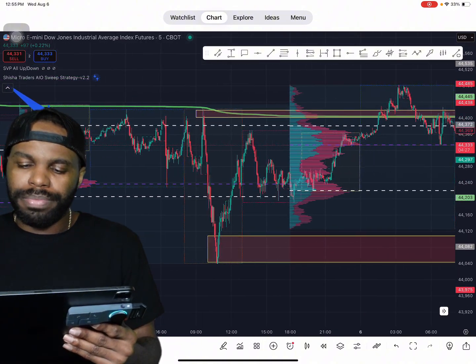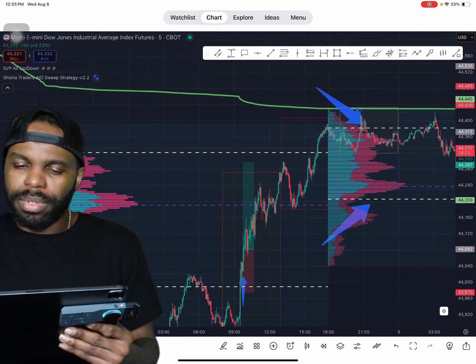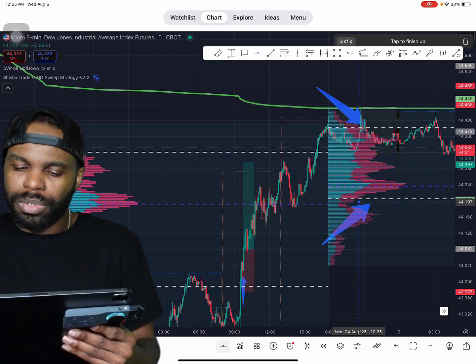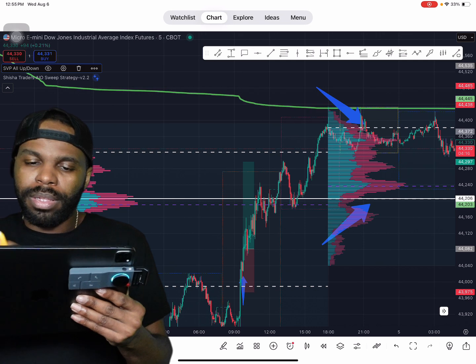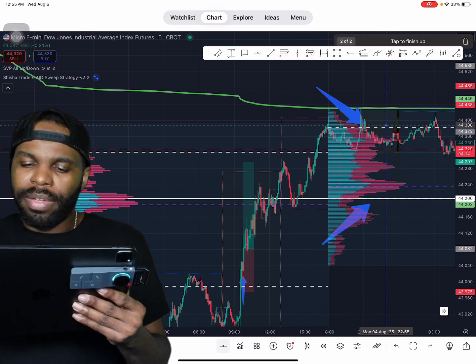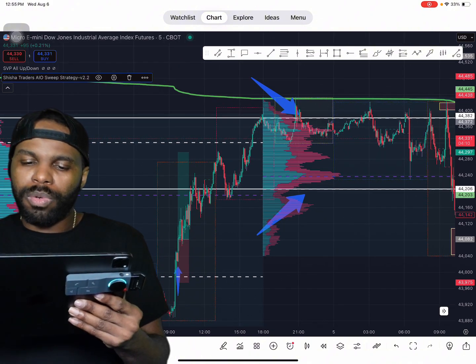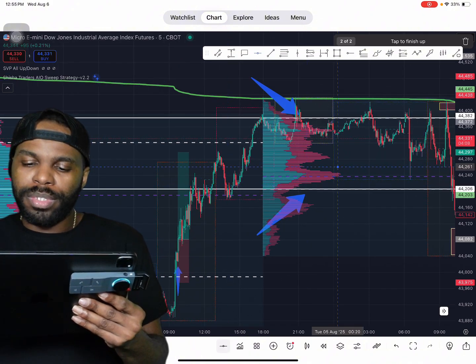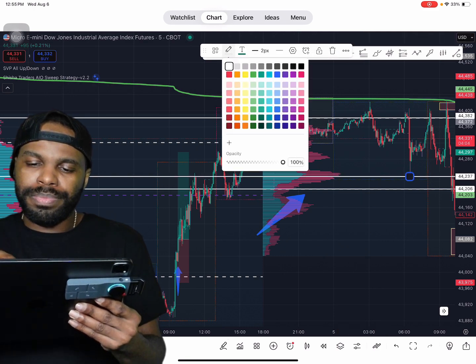So what I can do is mark these levels up, get my horizontal tool here. I mark up the value area low here, and then I'll do the same for the value area high here. Okay, and then also want to mark up my point of control, which is the dotted purple line here. Boom, I'll make that purple.